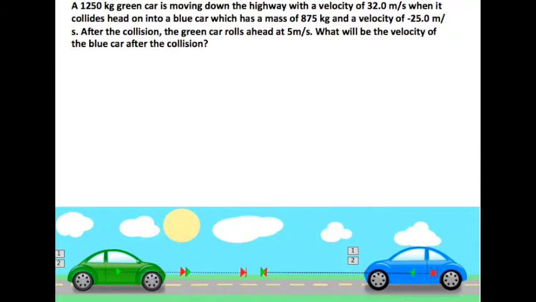I know that my P total also has to be equal to my momentum 1 prime plus the momentum of my second object, P2 prime. And this just means, once again, after the collision. This is during it.